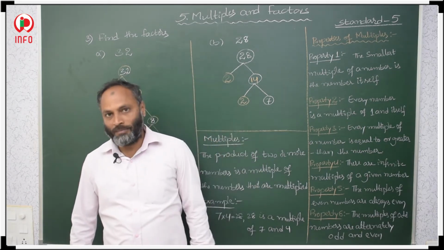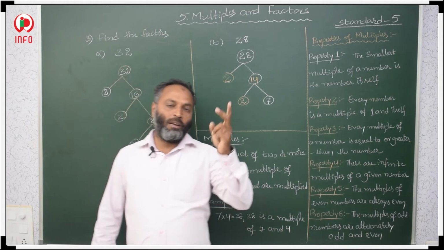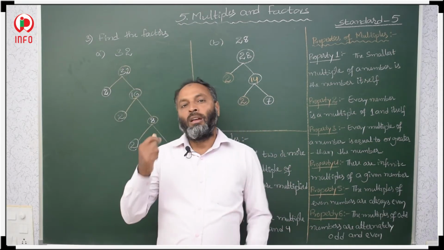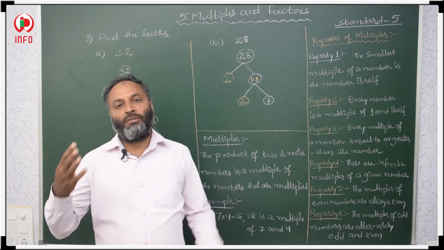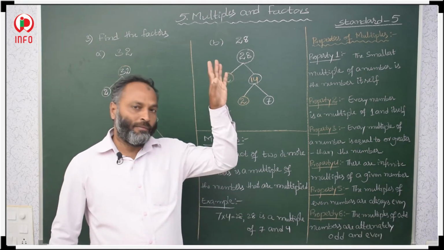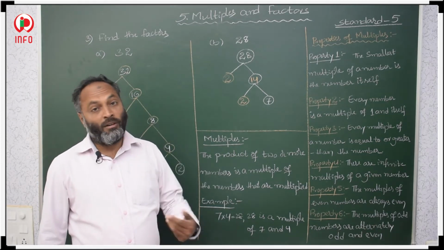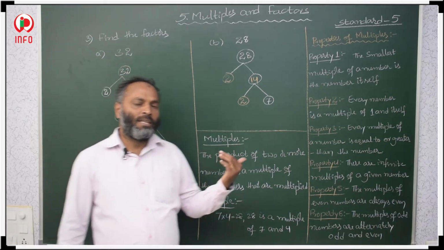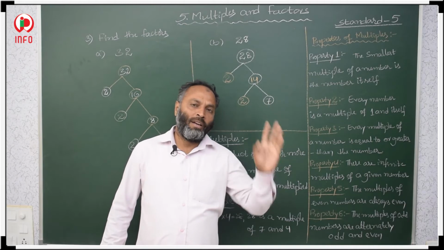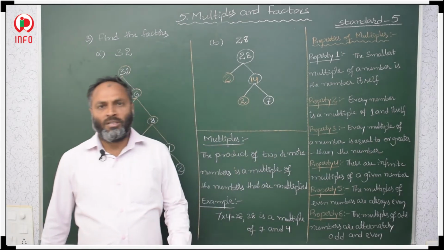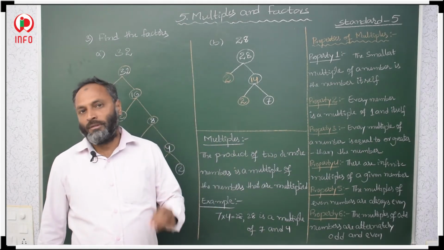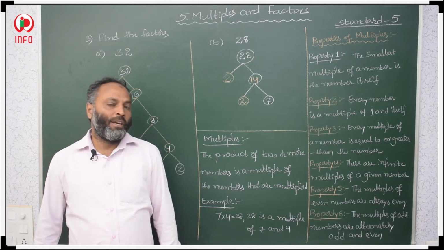All these numbers, 5, 10, 15, 20, 25, 30, 35, 40, 45, 50, 55, 60, 65, and so on, infinite. So how many multiples are there? A non-zero number has infinite multiples.